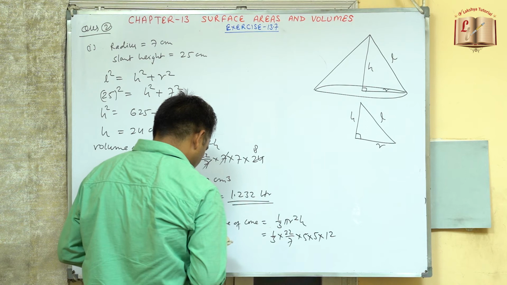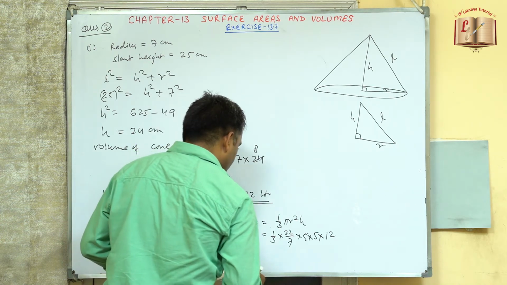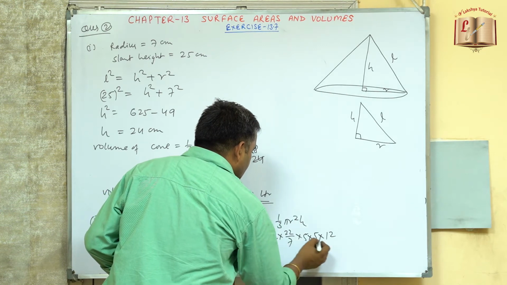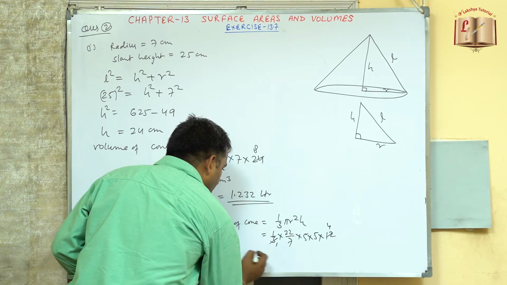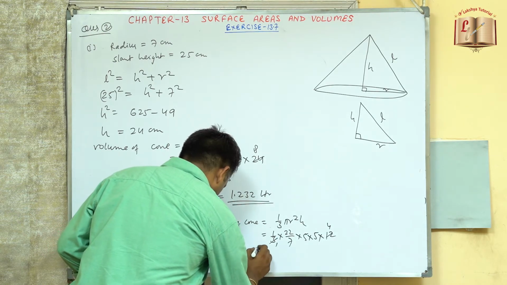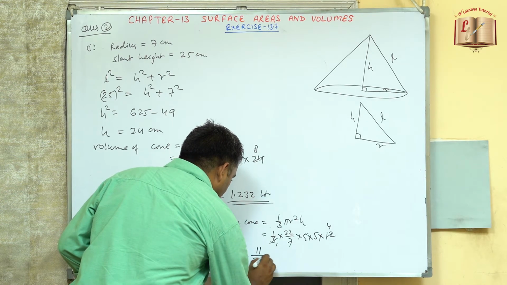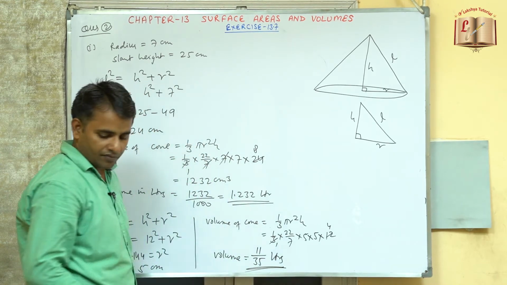So we can calculate this. The volume in this case will be, 3 ones are 3, 3 fours are 12. On simplification we got 11 by 35 liters as the volume.